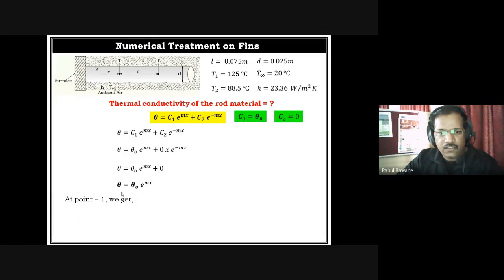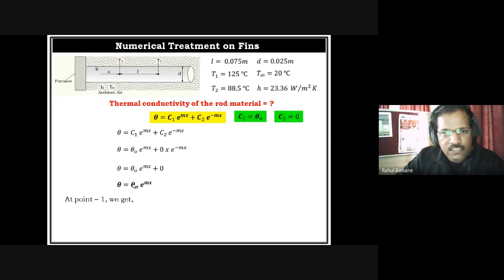If you remember, this is the final form of our derivation, where we got theta upon theta 0 is equal to e raised to the power mx. So here we have to just derive this relation, theta equals theta 0 e raised to the power mx. Now, what is theta 0?